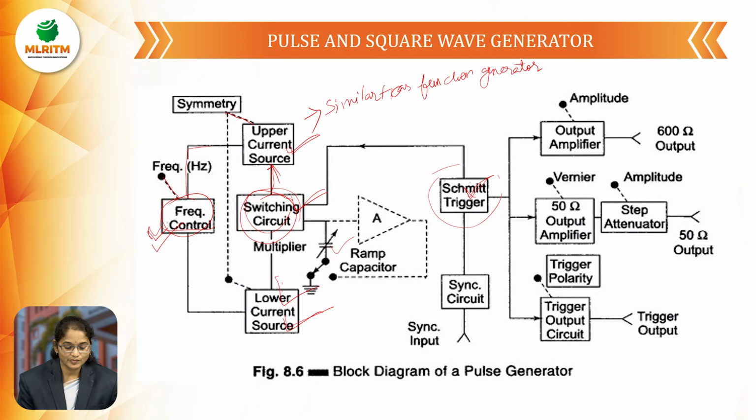Whenever we control the frequency, that frequency is given to the upper constant current source and lower constant current source. Here we have a comparator, which compares two input values. We already discussed the comparator in the function generator.